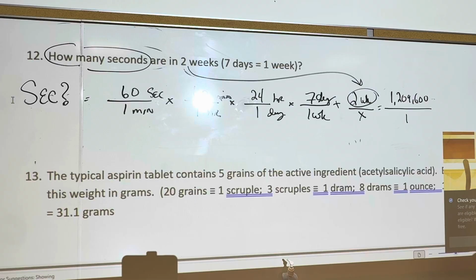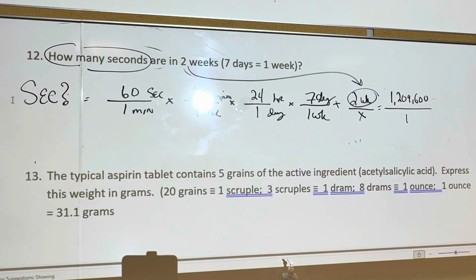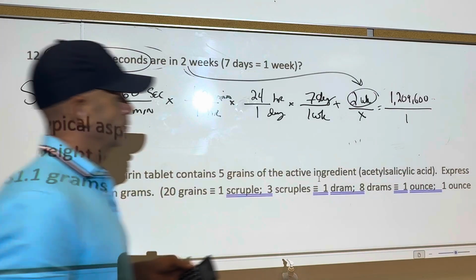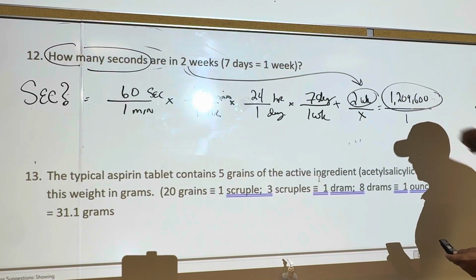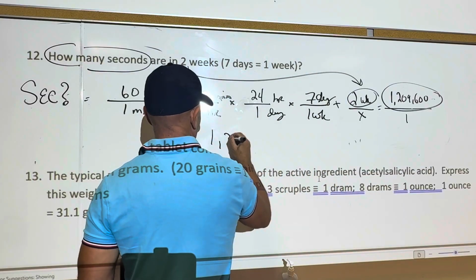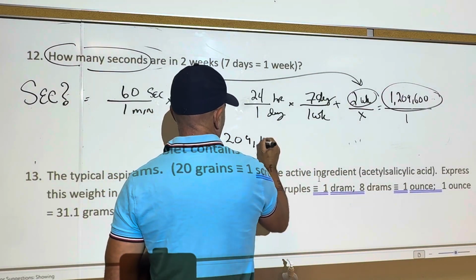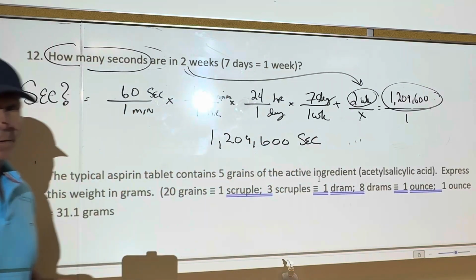What's your answer? Because you multiply, you divide it by 1, it gives you 1,209,600,000 seconds. That's your answer.